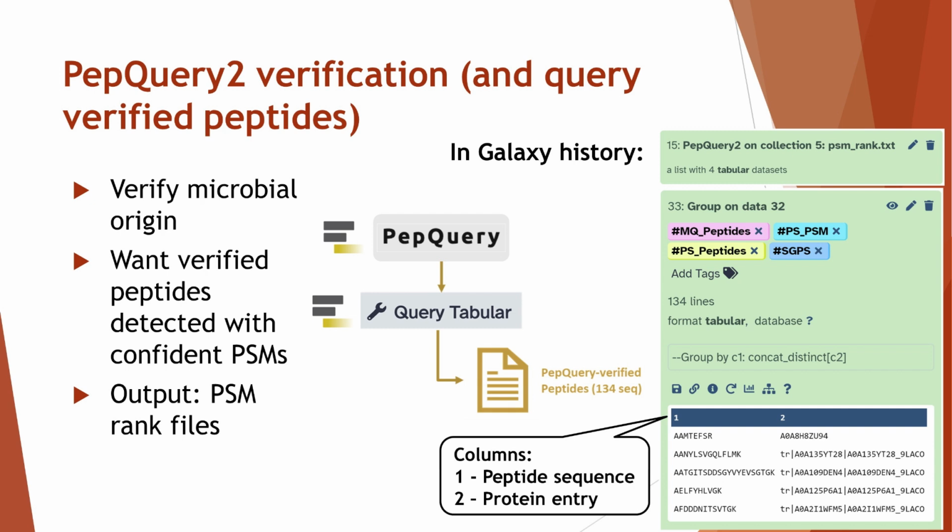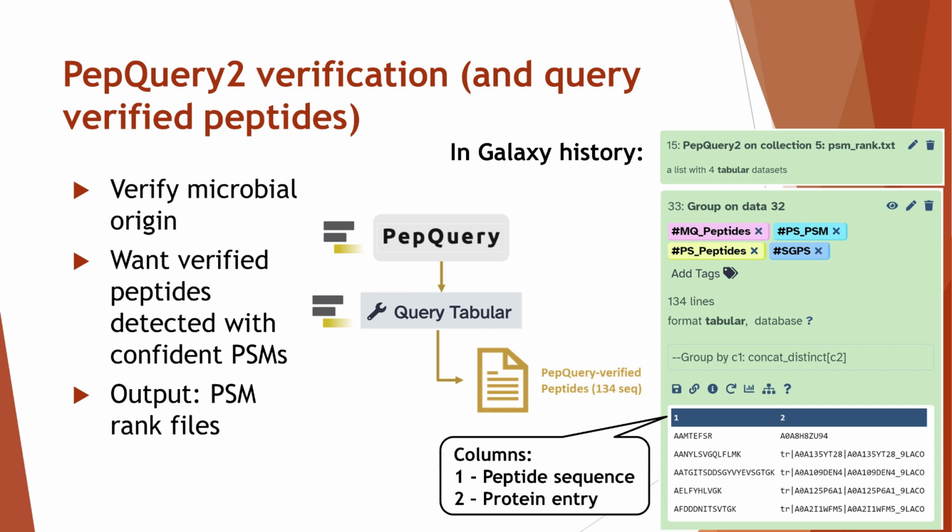So we have our list of distinct peptides that we want to verify, the sample MS data to be used for identifying peptides, and a reference protein database of human and contaminant proteins. Novel peptides that match these reference sequences will be excluded, leaving us with a list of verified microbial peptides.